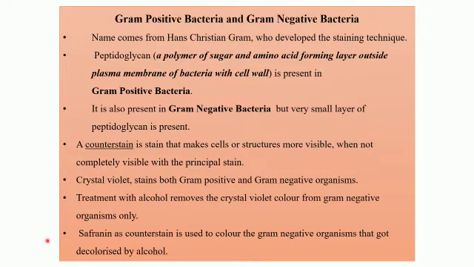Now we make use of safranin as a counter stain. Safranin is a counter stain and it is used to color the gram-negative organisms that were decolorized by alcohol. The color of safranin is somewhere from pink to red, and by using safranin as a counter stain, we can see the gram-negative organisms clearly under a microscope, as they had become decolorized by alcohol.